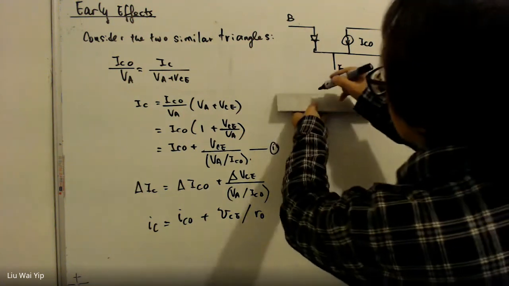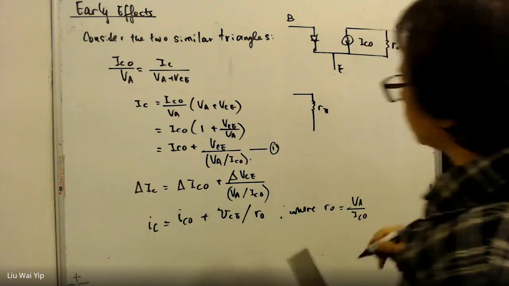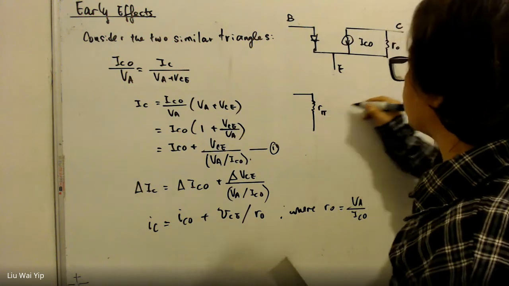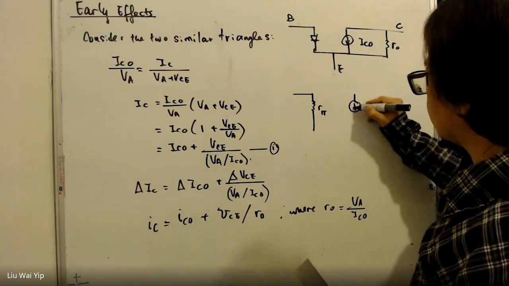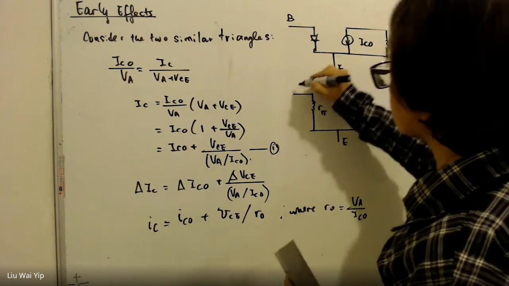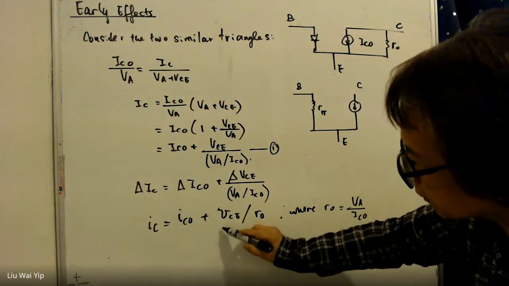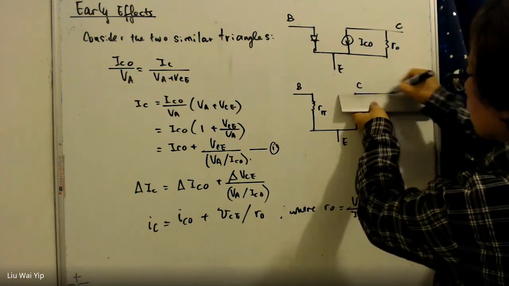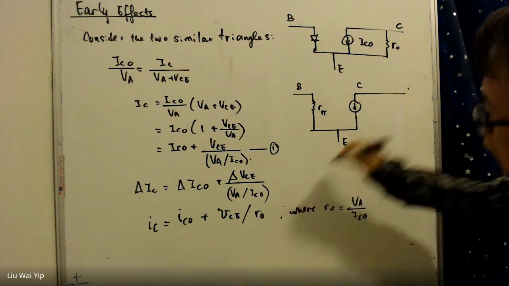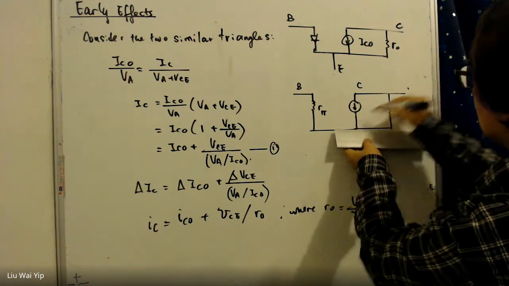So suppose that you have a small signal model like this. This is what we have learned in the previous lectures. And now you have one more term here, and this term is proportional to the voltage vce. So you have a resistance term here, and this is the so-called Early resistance.